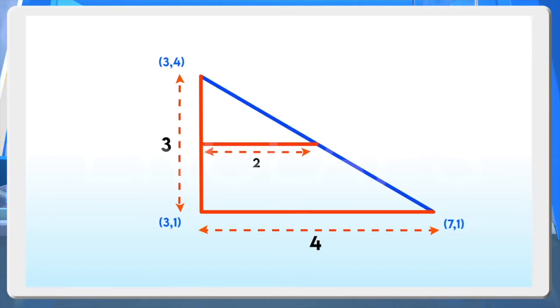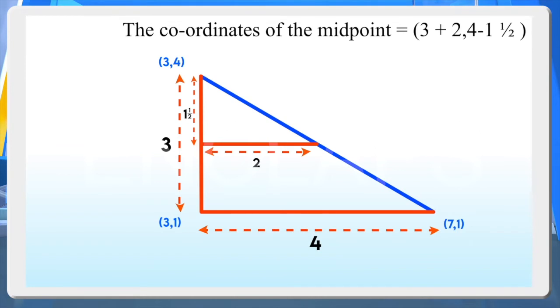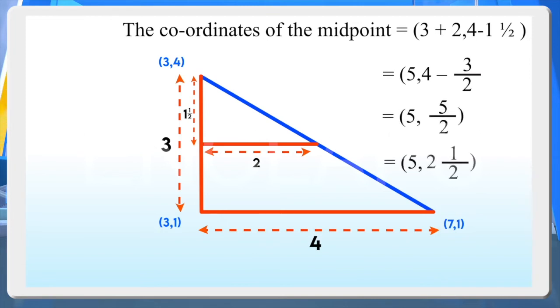That is, the x coordinate should be increased by 2 and the y coordinate decreased by 1 1/2. That is, the coordinates of the midpoint equal 3 plus 2, 4 minus 1 1/2, which equals 5, 4 minus 3/2, which equals 5, 5/2, which equals 5, 2 1/2.